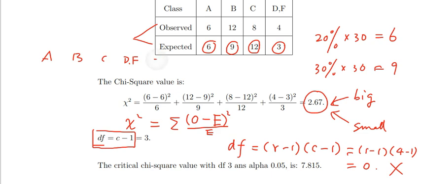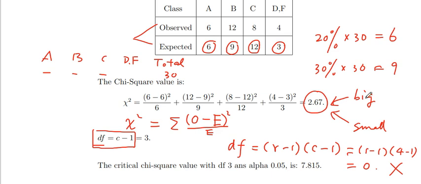But the total number, 30, is fixed, cannot change, right? In our class we have 30 students, so we give some people A, some people B. We have those 4 numbers, but these 4 numbers have the relationship that the total is 30.